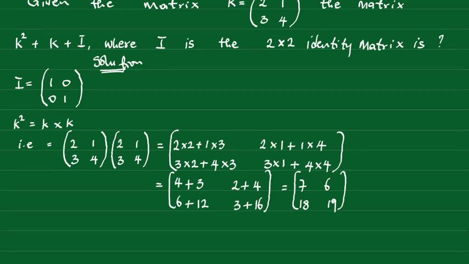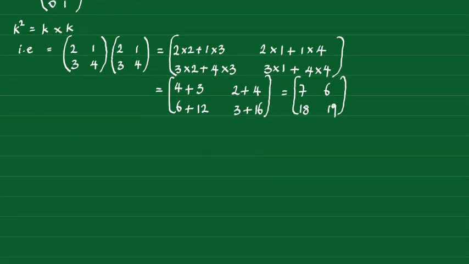Having gotten this, we can now proceed to look for our value for K squared plus K plus I. All right.